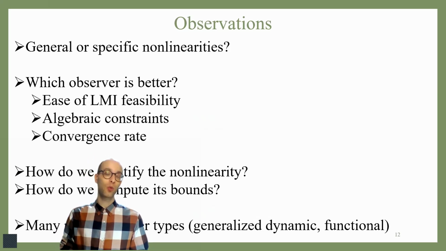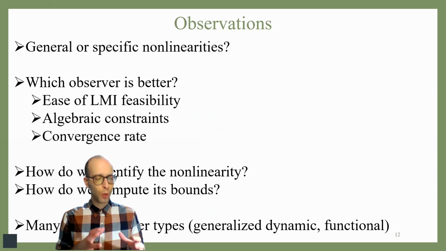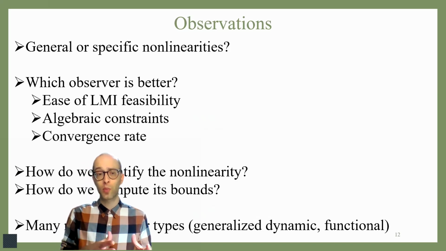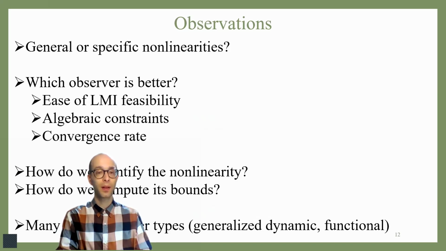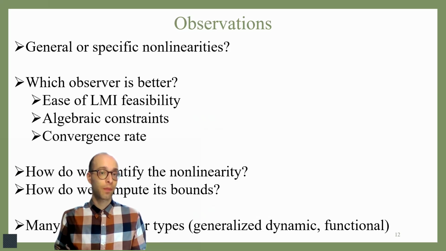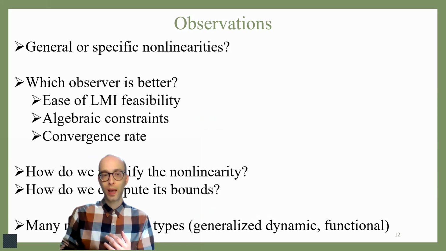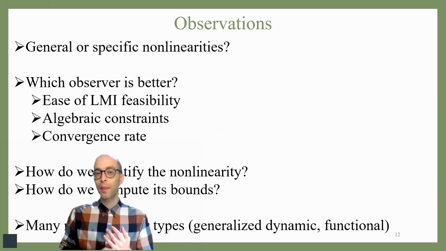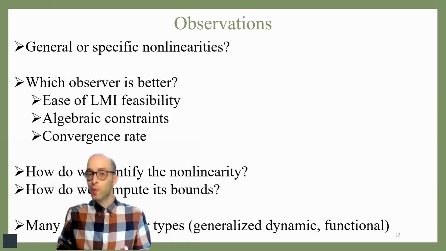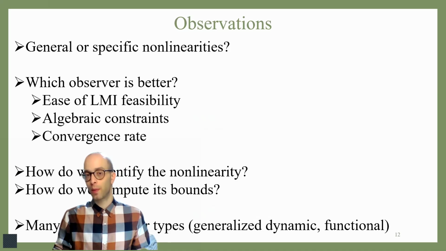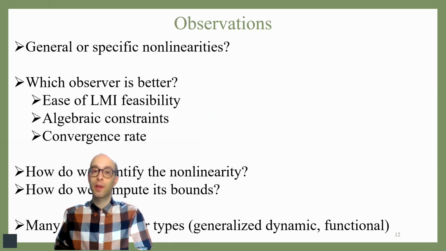Because it doesn't make sense to answer this, because when designing and evaluating observers, there are many, many different design specifications. So let me think about it. One specification is how easy it is for the LMI to be feasible. Some observers may be very easily feasible. Others may be very strictly feasible.